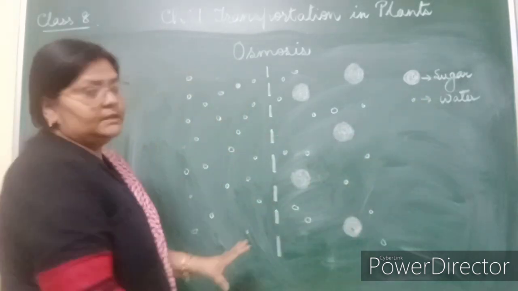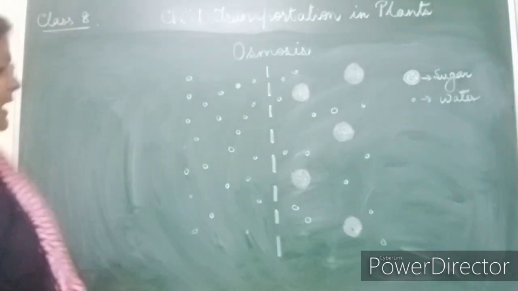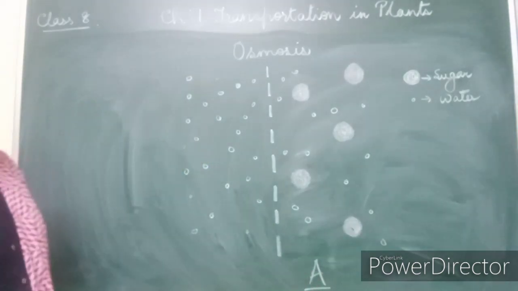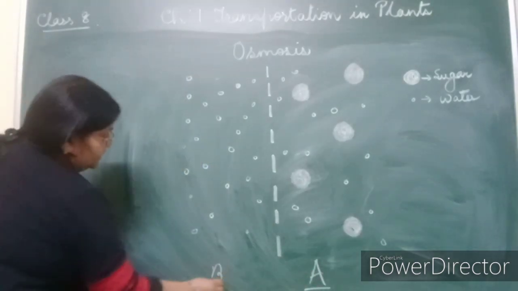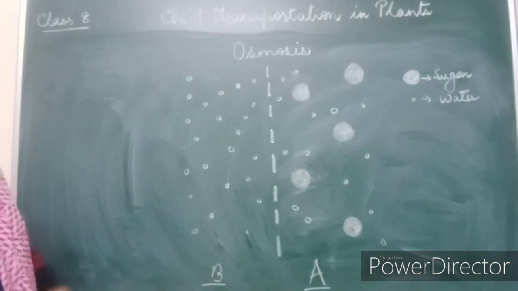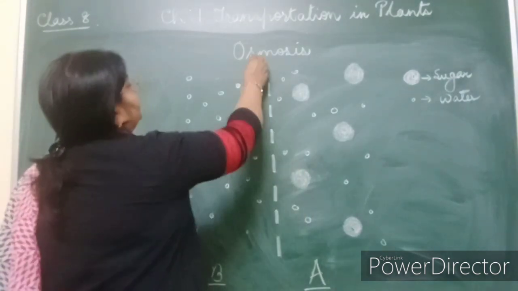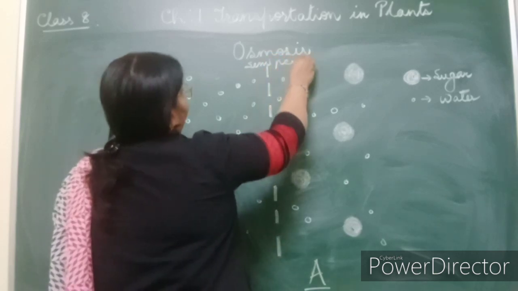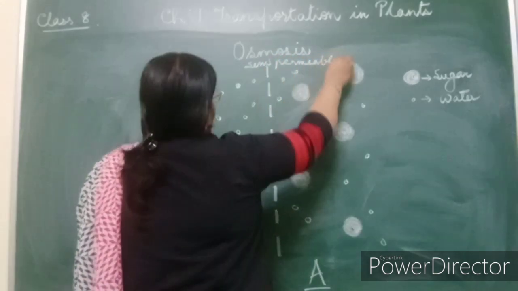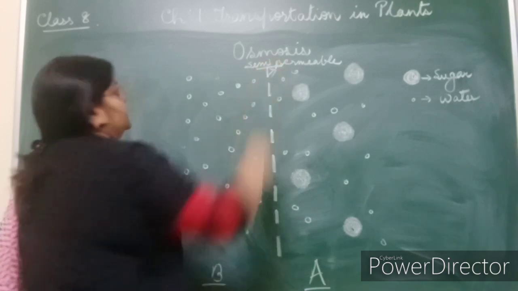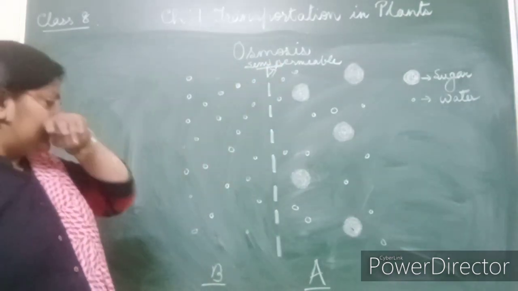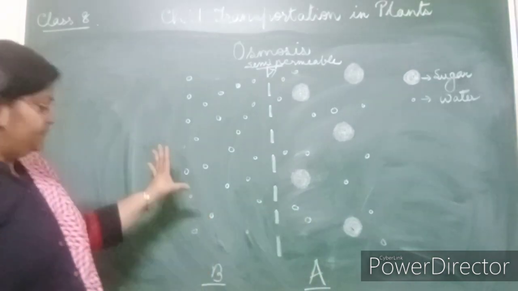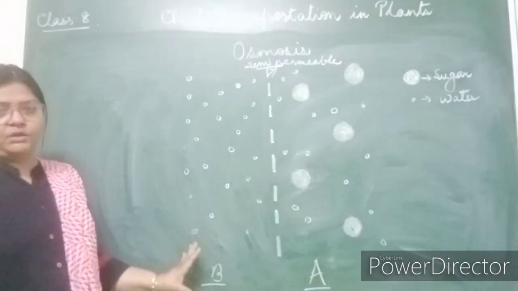Here inside A, I have taken a sugar solution, and in B there is only water, separated by a semi-permeable membrane. So this semi-permeable membrane separates solution A, that is a sugar solution, from simple water.